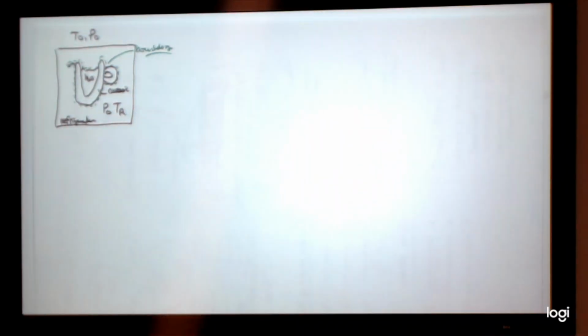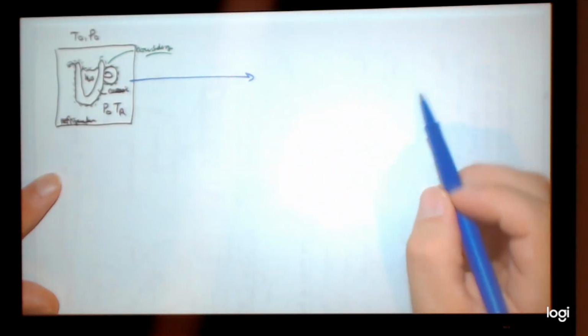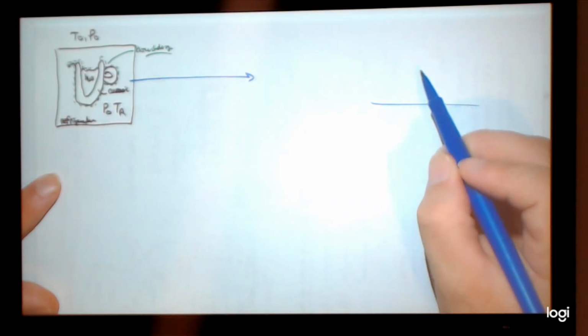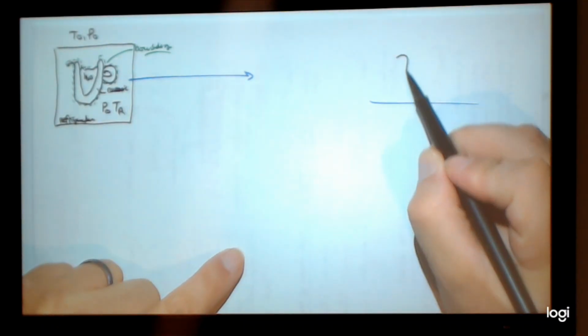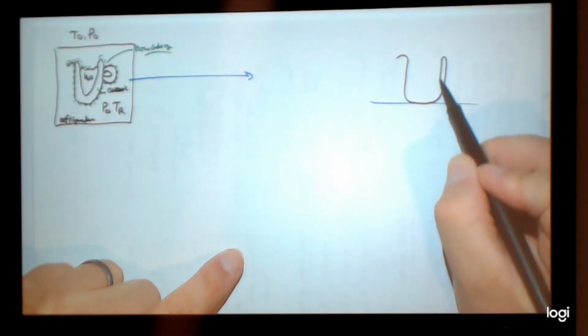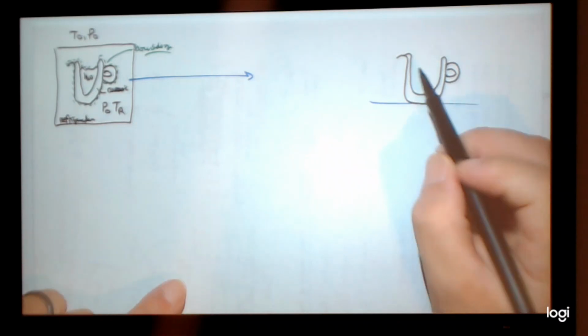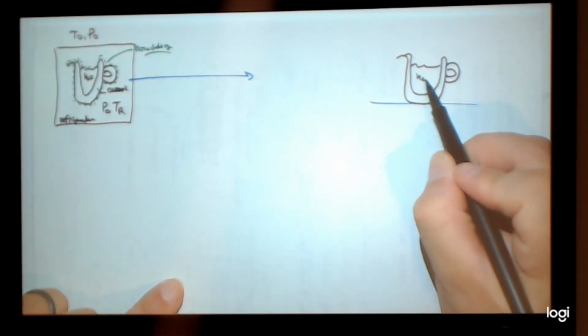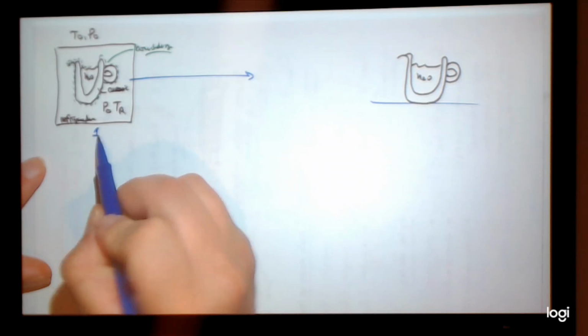And then what happens is you took the cup out of the refrigerator, and then it was placed on a table, like such. Sometime later. Now it's very open-ended. You have state 1, and then you have state 2.